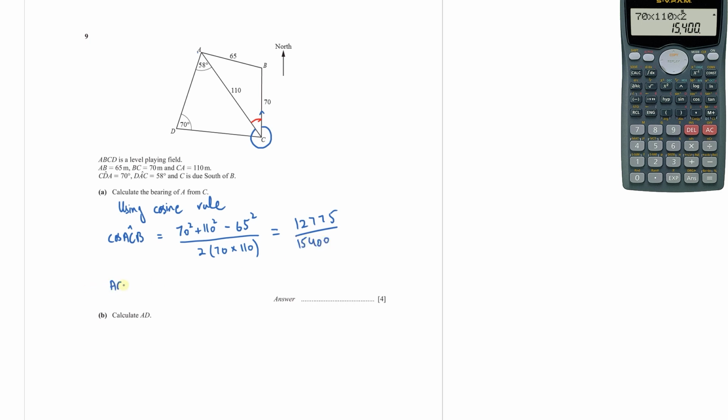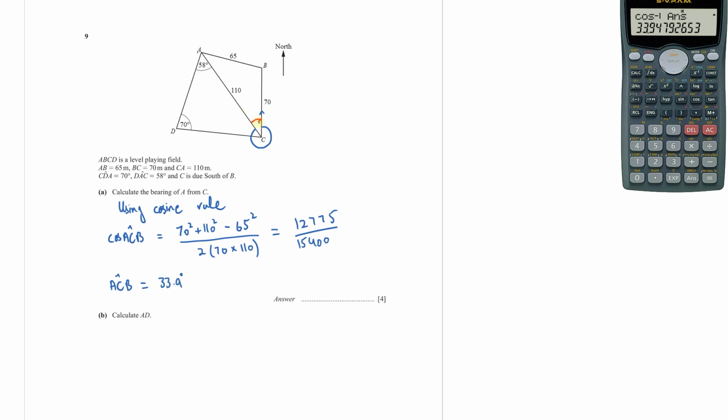So then angle ACB will be cos inverse of this. Let's calculate that. 12,775 divided by 15,400, and then you take the cosine inverse of this. So this is 33.94. I can write it to one decimal place, which will be 33.9 degrees.